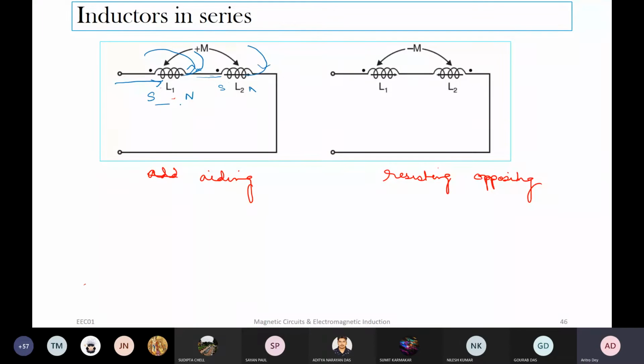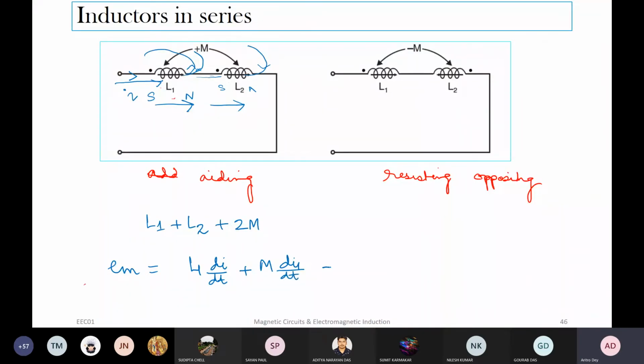So these two are additive, and whenever it is additive, the equivalent inductance can be written as L1 plus L2 plus 2M. How can you write like this? This is your L1. For the first one, same current I1 is flowing through it, so the EMF magnitude wise is equal to L1 di1 by dt plus M into di1 by dt, because it is aiding.